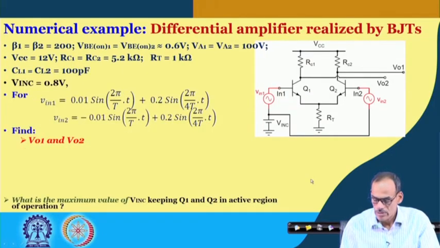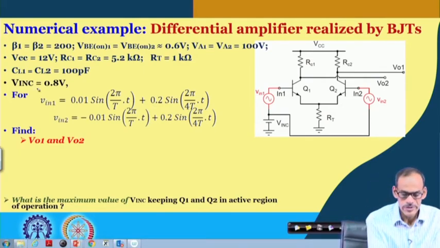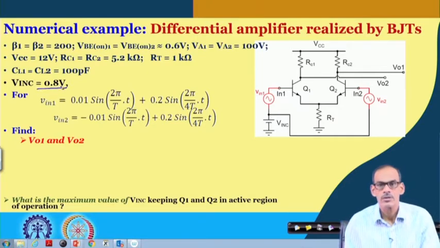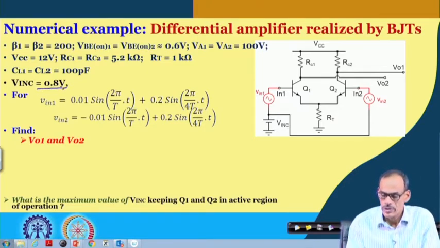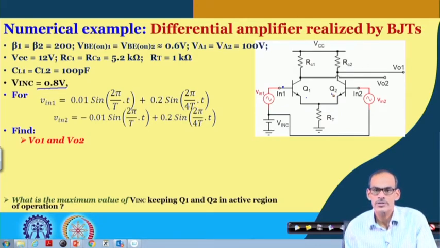So, here we are having some value of V in C, which is just 0.8. In fact, we need this voltage to be at least 0.6, because to make Q1 and Q2 on, we need the VB voltage sufficiently high.